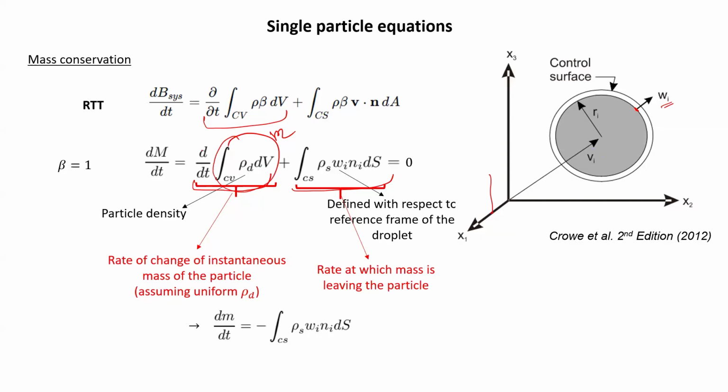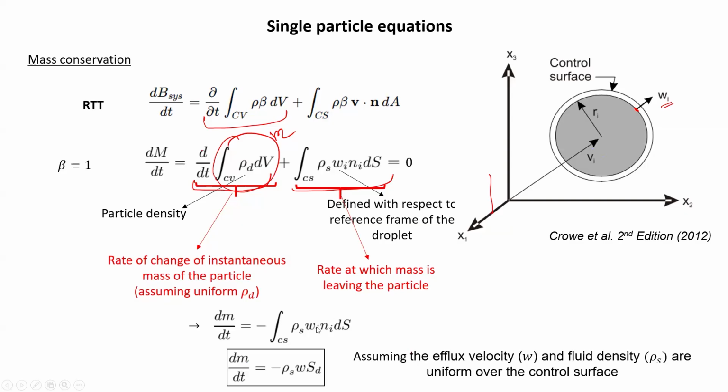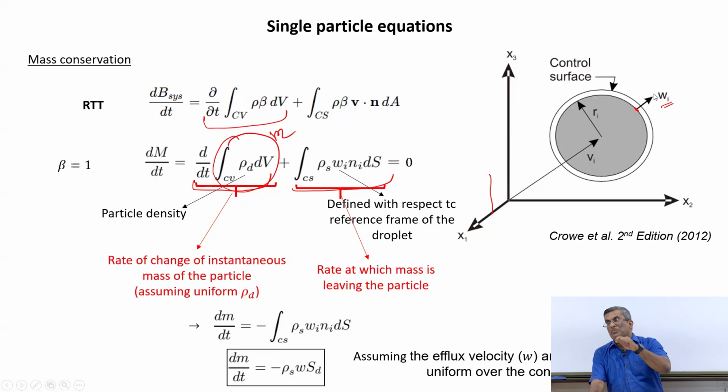Okay. So, now if we assume that this density, you see here I am writing rho s, it is not rho d, because what is leaving here is not the same mass. For example, if you have water, then water vapor is leaving, which has a density different from the density of water. Okay. So, that is why I am writing here rho s.